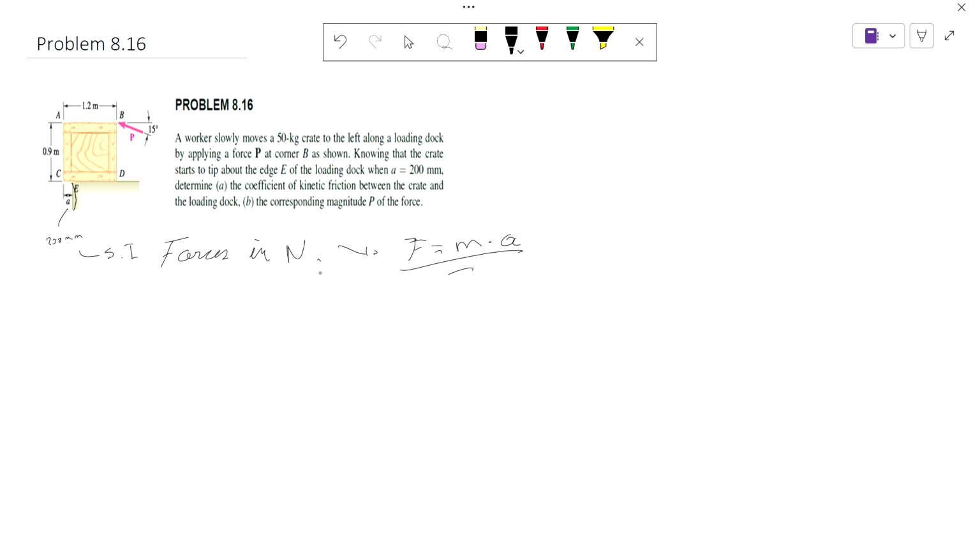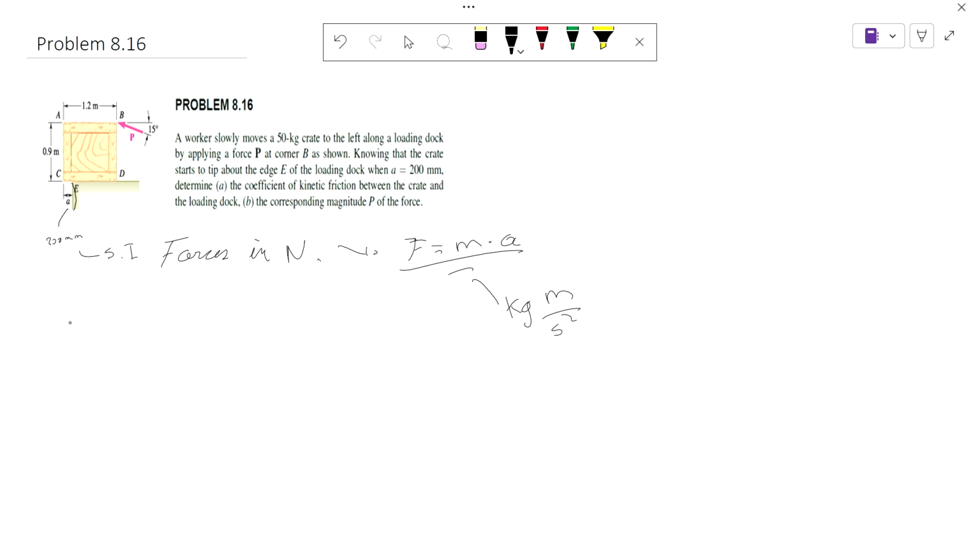In an international system of units, you always have a mass, and that is in kilograms. And the acceleration is in meters per second squared. So time will always be given in seconds, unless they give it in milliseconds, then you have to convert it. And if they give it in millimeters, you have to take it to meters.